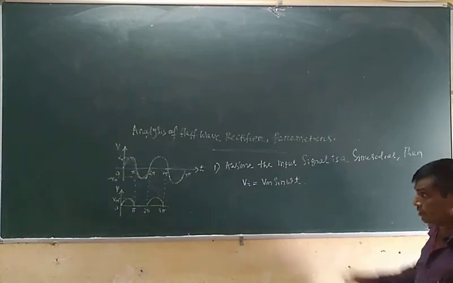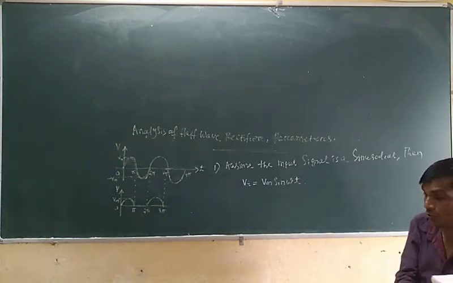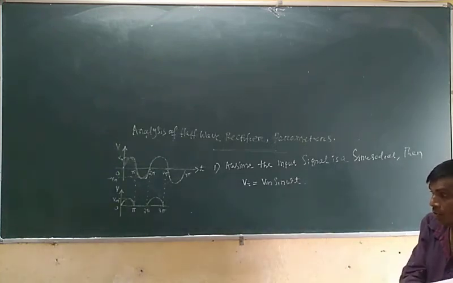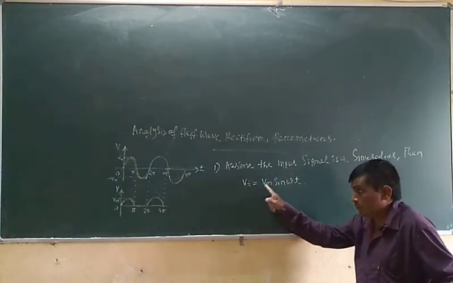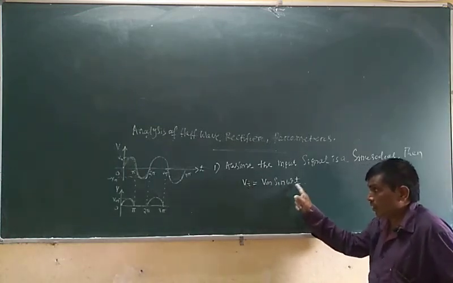Now we assume the input signal is sinusoidal, so the input voltage is Vm sin omega t.